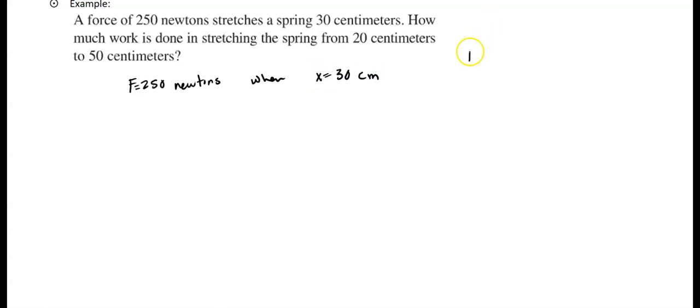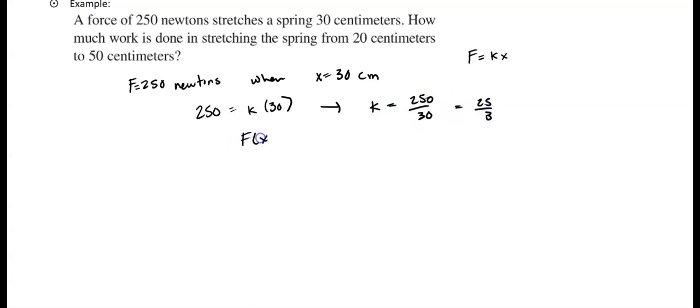So this is a spring. F equals k times x. So 250 is going to be k times 30. And if I solve for k, I get k is 250 over 30, or 25 over 3. So f of x is going to be 25 over 3 x.